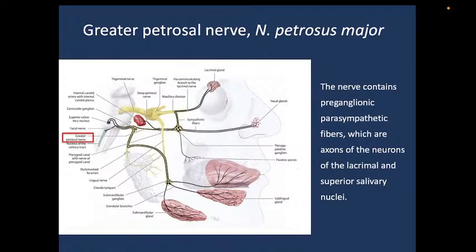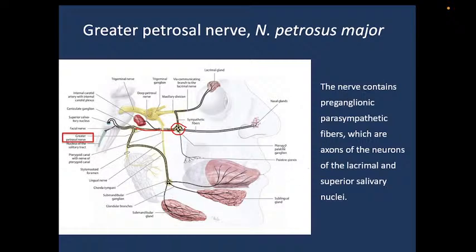Here is the diagram and scheme of the greater petrosal nerve, and it is visible how it starts from the canal, this one. It comes into the pterygoid canal, and reaches the pterygopalatine fossa.